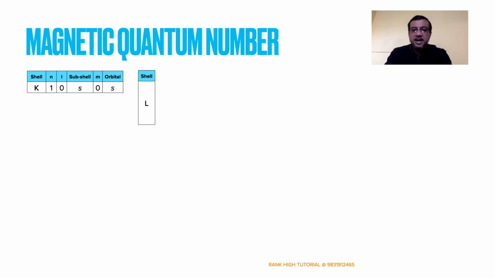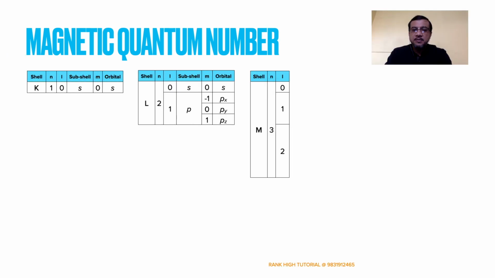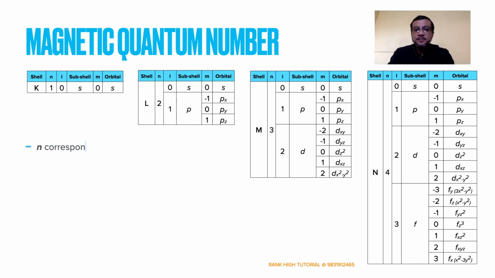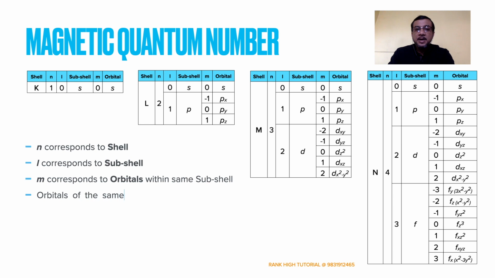Here I have summarized the principal quantum number, azimuthal quantum number and magnetic quantum numbers in tables, where n corresponds to shell, L corresponds to subshell, and ml corresponds to orbitals within the same subshell. Orbitals of the same subshell have equal energies and are called degenerate.